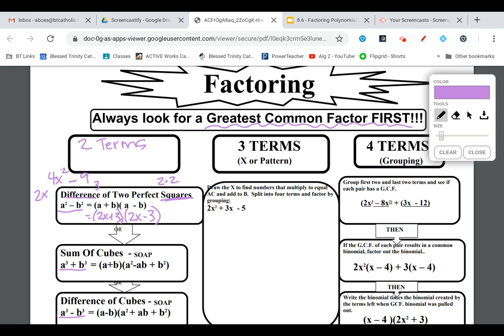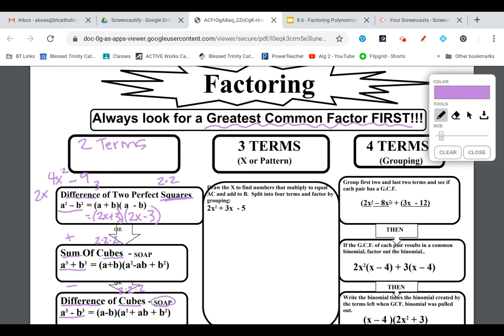Well, if I have a sum of cubes, sum meaning add, cubes meaning to the third, like 2 times 2 times 2, or a difference of cubes, difference meaning subtract, then I'm going to follow a rule called SOAP.